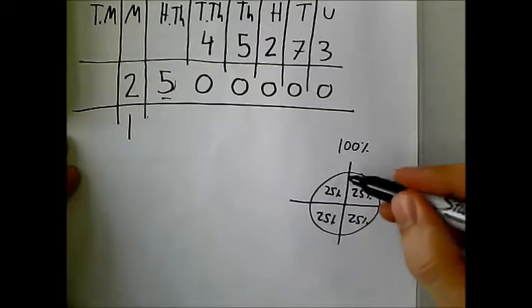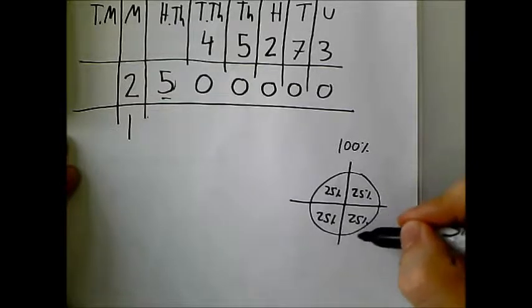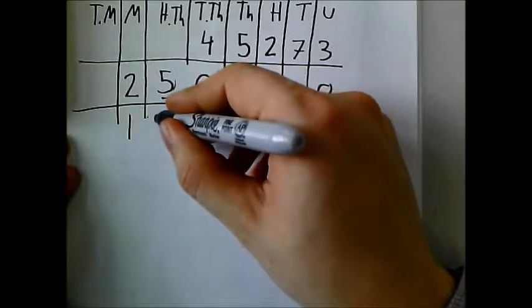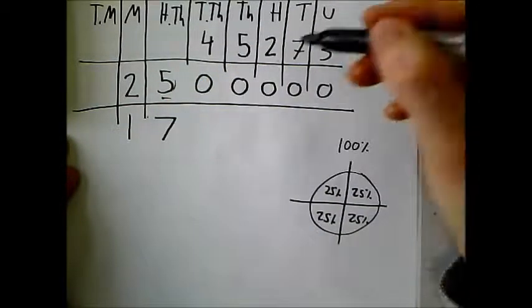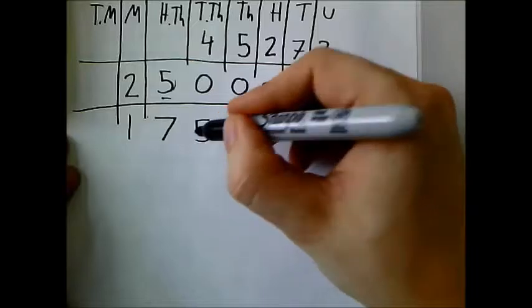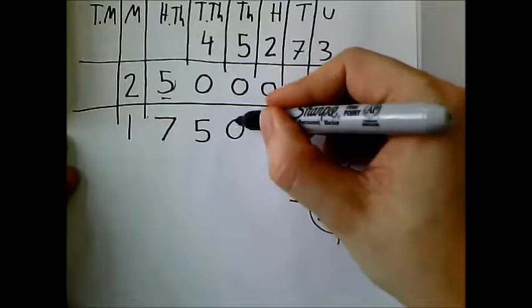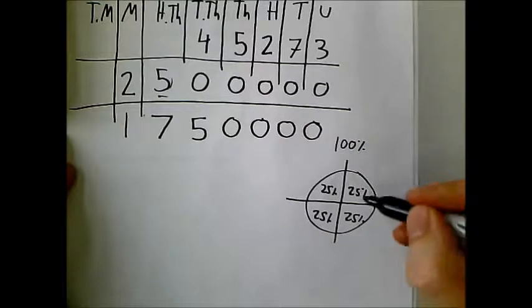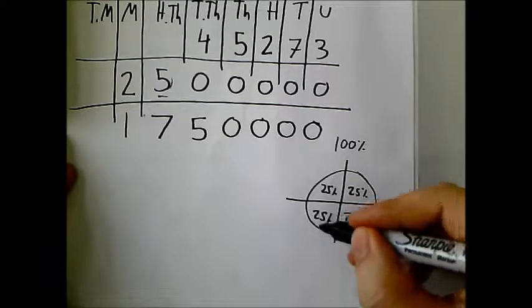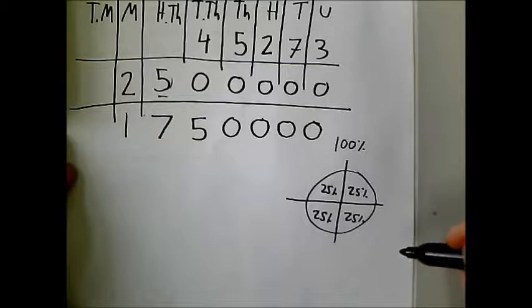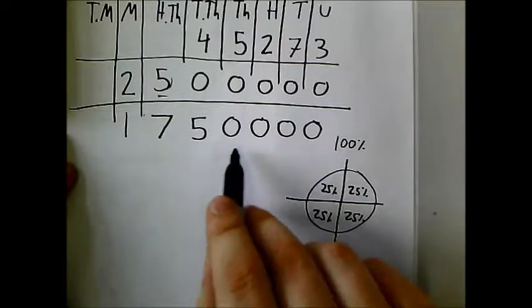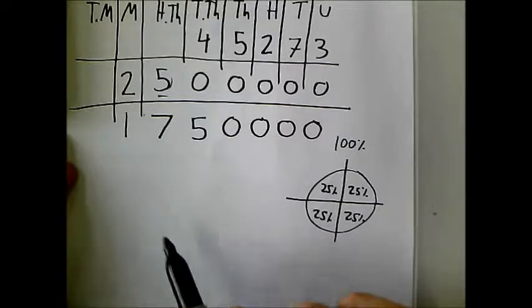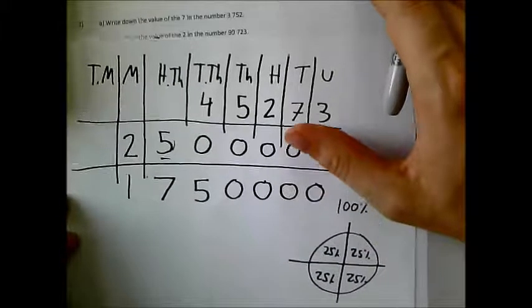So I've got 250,000, 500,000, 750,000. So I need 700,000, 5 tens of thousands, and then no thousands, no hundreds, no tens, and no units, because each of these are worth 250,000. So 3 of them is 750,000, and that's that one.